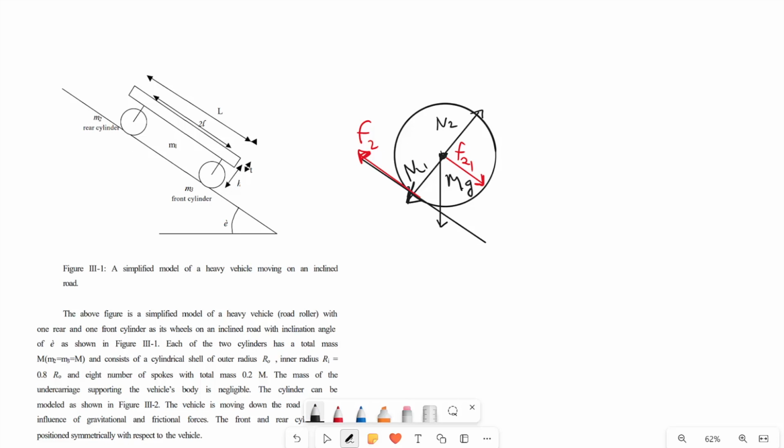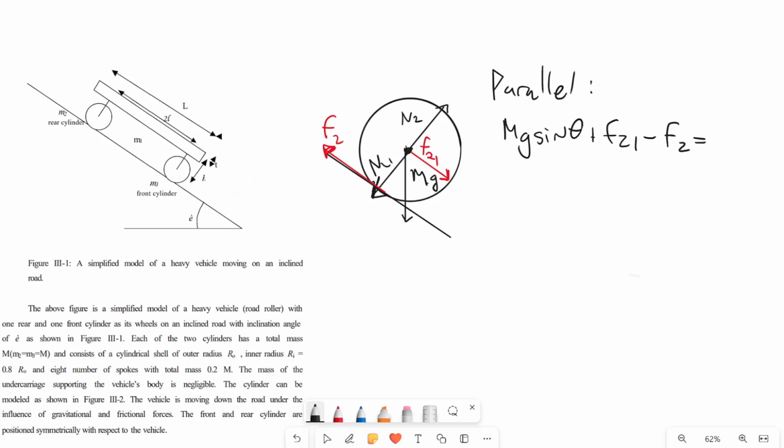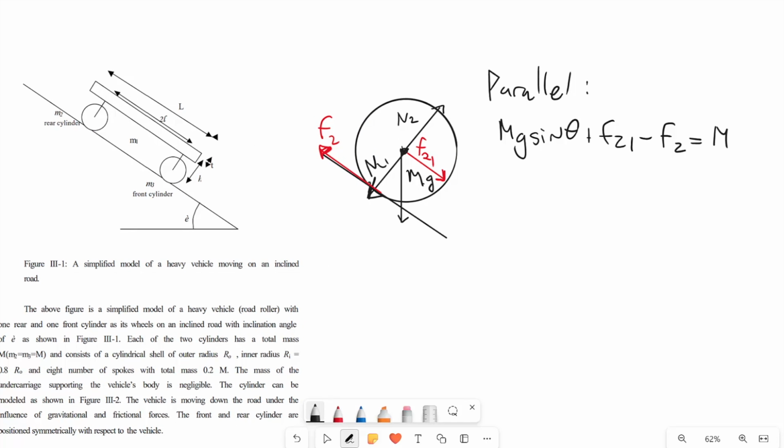Applying Newton's second law, let's start off with the direction which is parallel to the slope. What we're going to get is mg sine of the angle, and then in the same direction we have f21, then take away f2, and this will be equal to the mass times the acceleration along the slope.